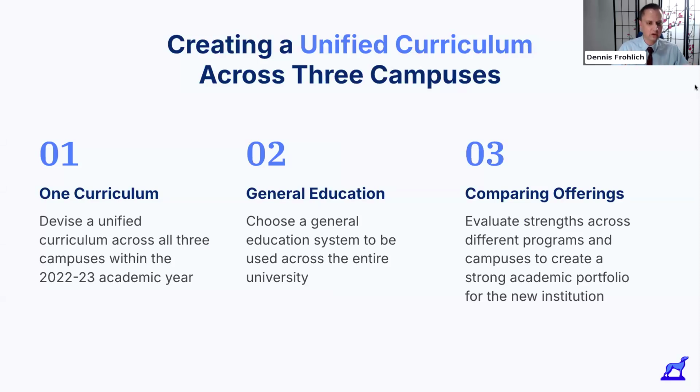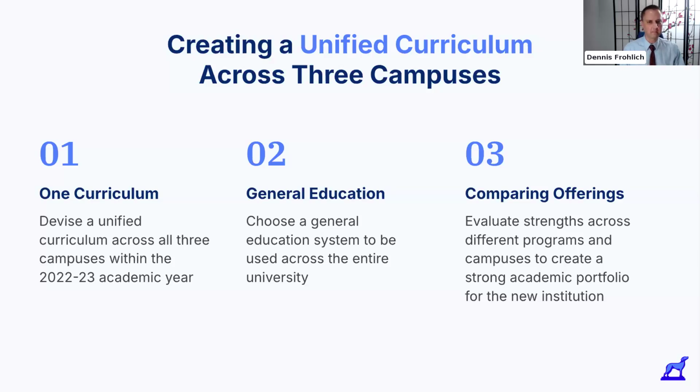One thing that our administration decided, which I think was a great decision, was that rather than take one of the campus's curriculum and force it onto the other campuses in the newly created university, the goal was to create one unified curriculum that would take the pluses of all 3 campuses, the traditions of the 3 campuses, the program strengths, etc., and merge it all together into the same curriculum across all 3 campuses.